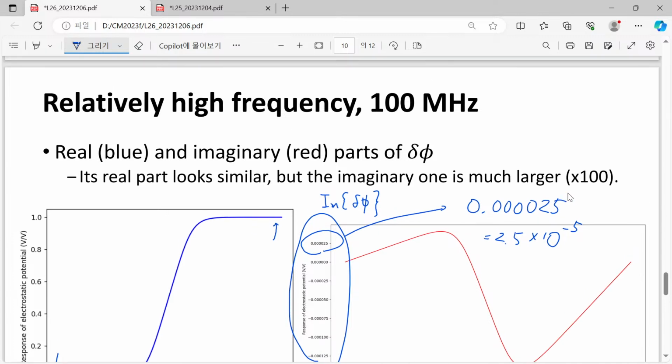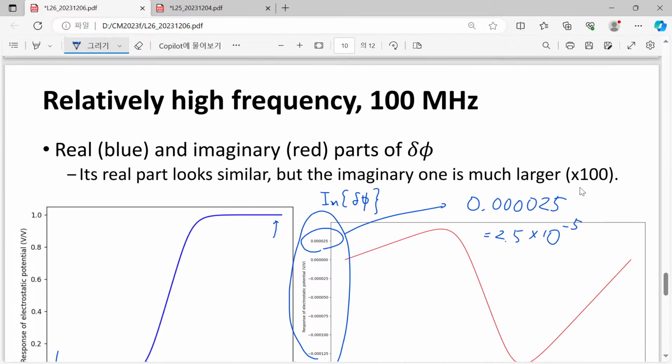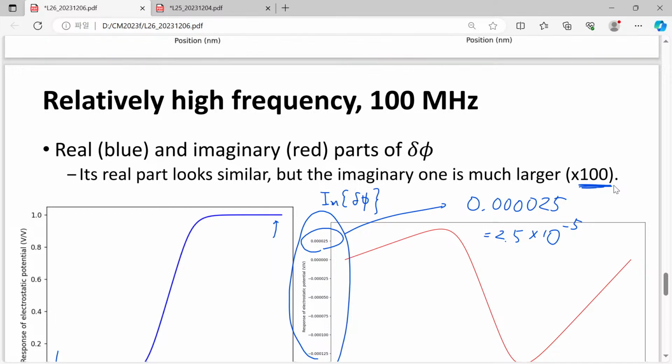What is the difference? This is exactly 100 times. So this imaginary part is generated from your j omega term. Since j omega itself is increased by a factor of 100, your imaginary potential is also increased by a factor of 100.